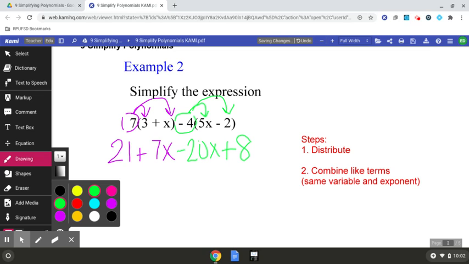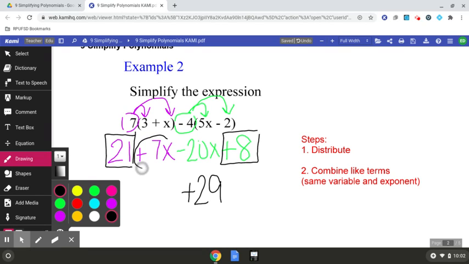Okay, now you're going to scroll through and check to see if you have like terms. I started with the first term in the last example. Here we have a 21, which I can combine with just plain old 8 over here because it doesn't have a variable. 21 plus 8 would be positive 29. There's a reason why I wrote it in the back: I want to make sure I'm writing things in standard form, which means I'd put my x first.